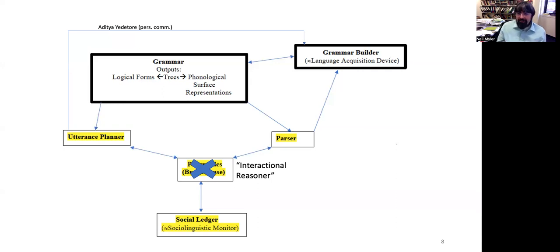The remaining components, so the grammar builder, what I'm calling the social ledger, which is roughly equivalent to Labov's social linguistic monitor. It's whatever part of your mind keeps track of things, both linguistic and non-linguistic, that pertain to categories of social group and other related things.